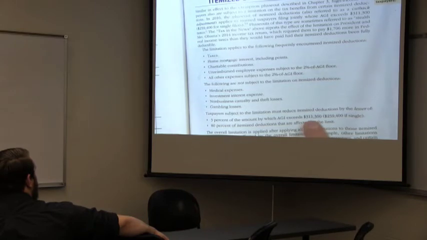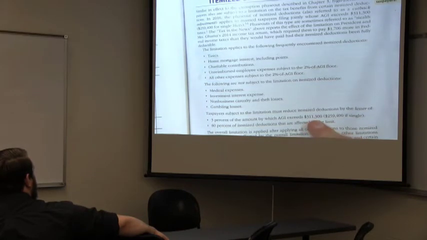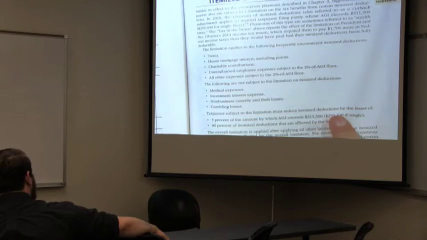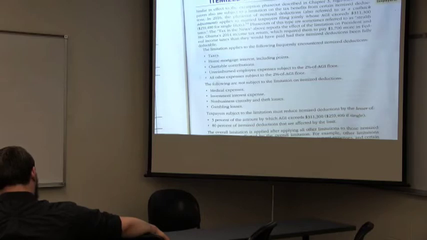Currently, that limit is $311,000 for married filing jointly, or about $259,000 if you're single. Like I said, I've heard a lot of talk out there about changing that limit. So that might be something that changes very soon.